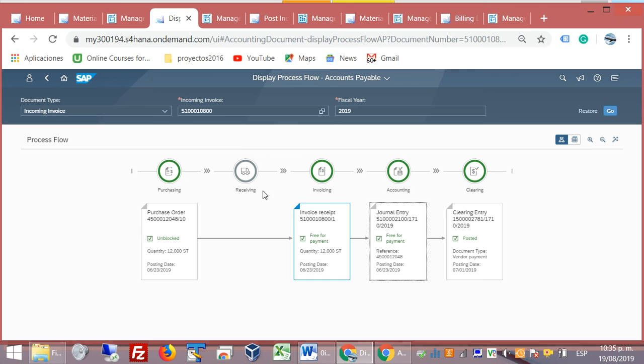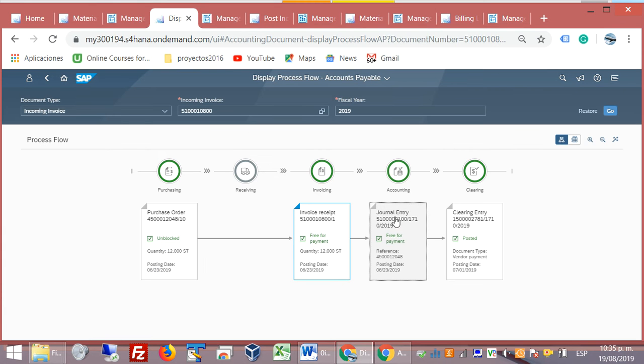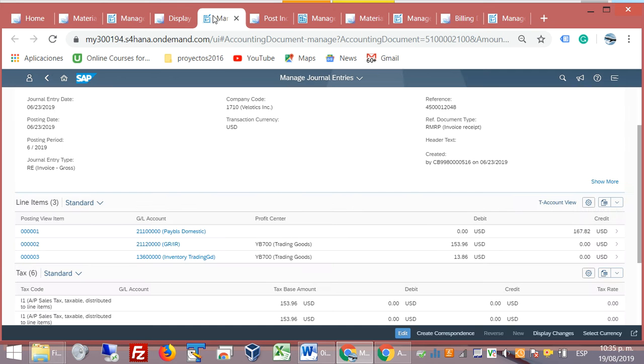When we do a purchase and we receive these goods, these are the journal accounts affected, and when we deliver the invoice to the provider, these accounts will be affected, like payables domestic, and what was the inventory affected when we deliver the invoice.